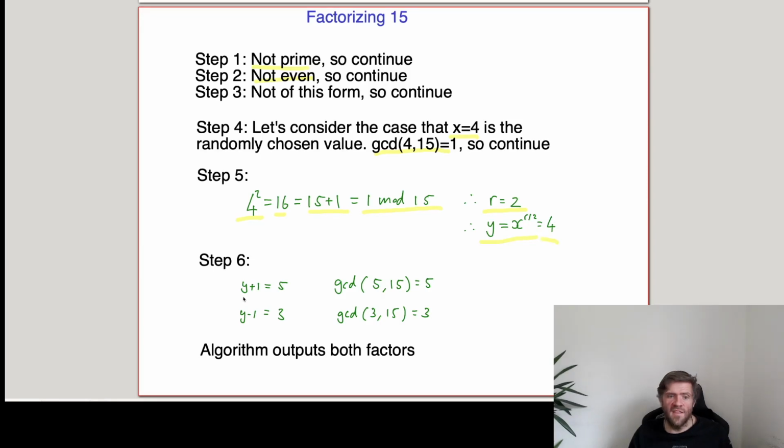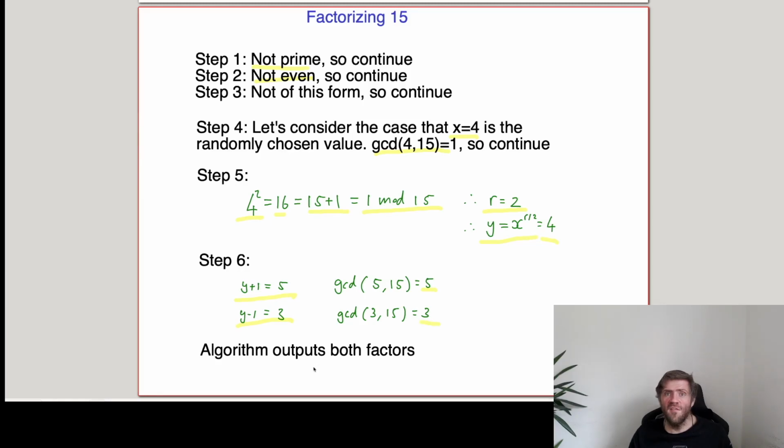And then what is 4 plus 1? 5. What is the greatest common divisor of 5 and 15? Well, 5. What is y minus 1? 3. What is the greatest common divisor of 3 and 15? 3. So there we go.